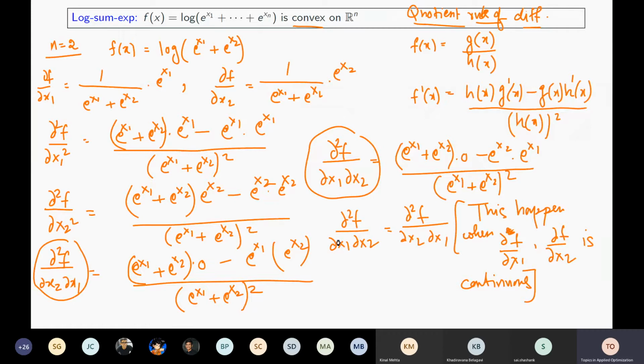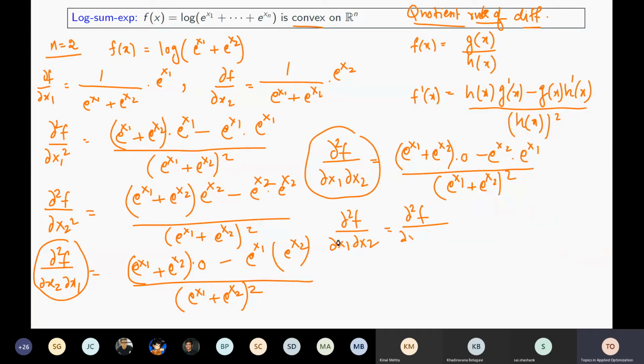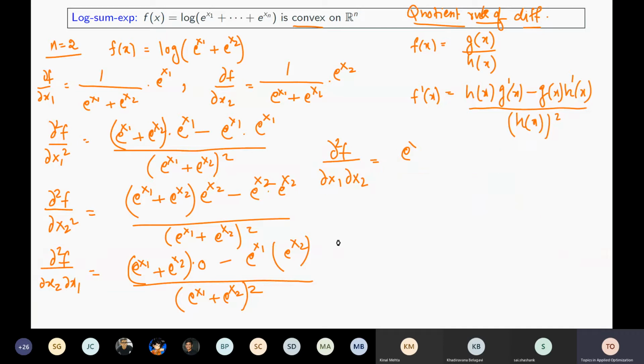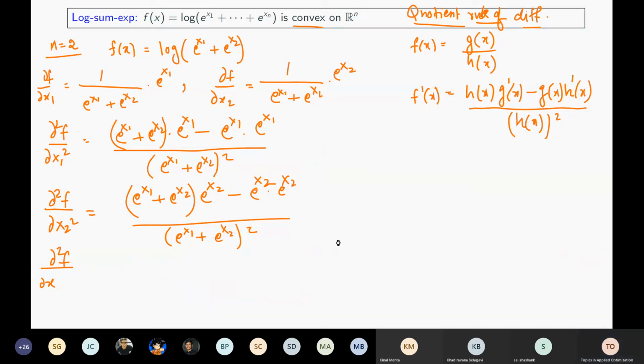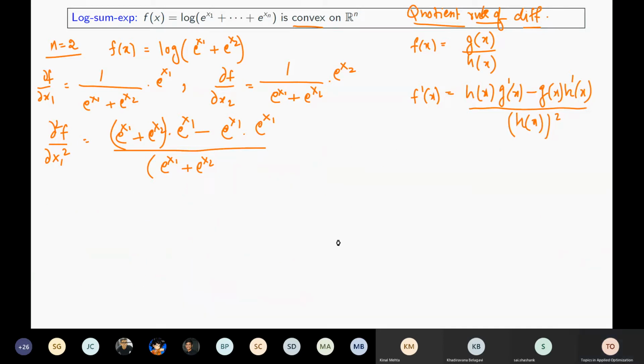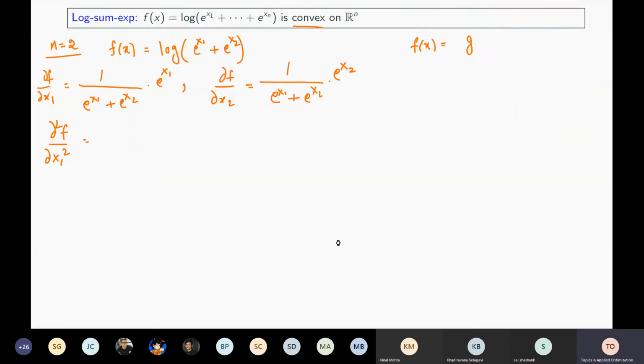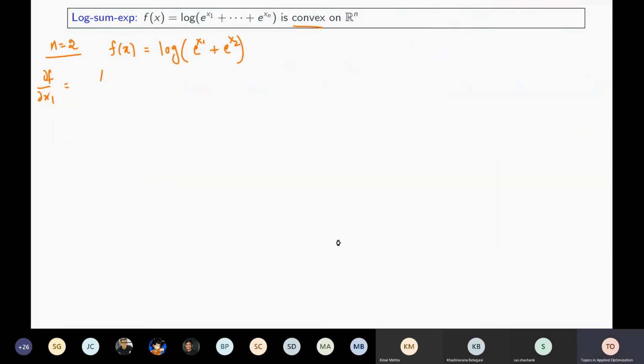Assuming that all this is there, now I will remove these things and reuse the space. So we can now write down the Hessian.